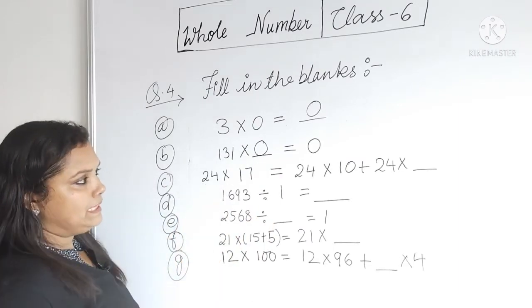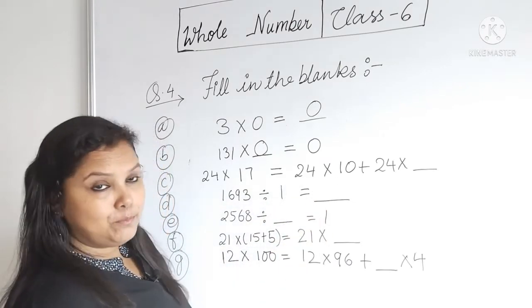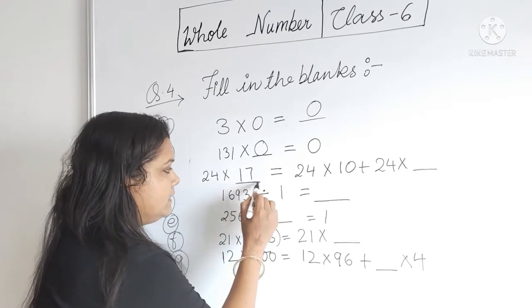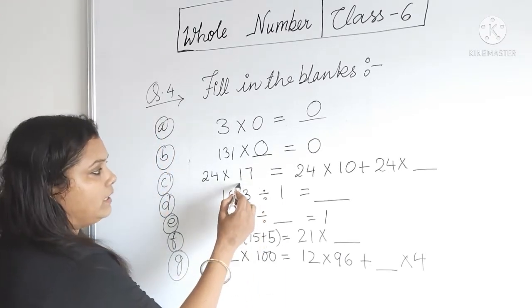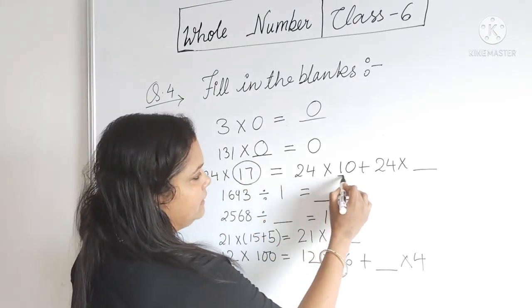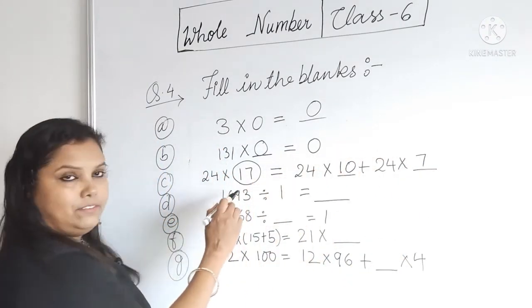24 multiplied by 17 equals 24 multiplied by 10 plus 24 multiplied by what? As you can see, this is the distributive property which is used here. This 17 can be written as 10 plus 7. 10 plus 7 is 17.